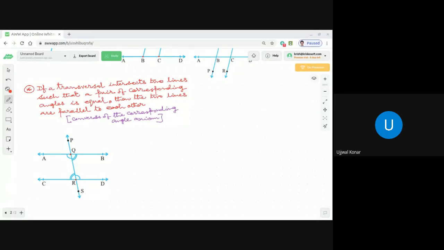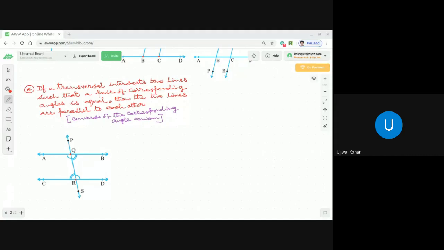Now, can we say that angle BQR and angle QRC are equal, and angle AQR and angle QRD are equal? One thing we can say is that angle PQA, notice very carefully, and I would appreciate it if you also draw this diagram in your notebook and write down whatever I'm writing or instructing.